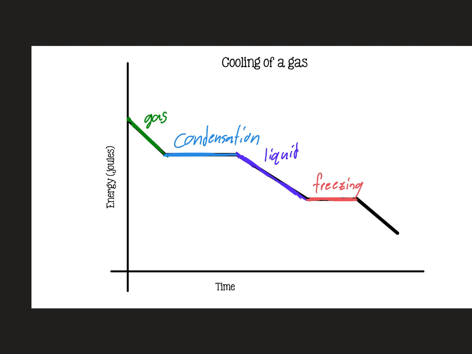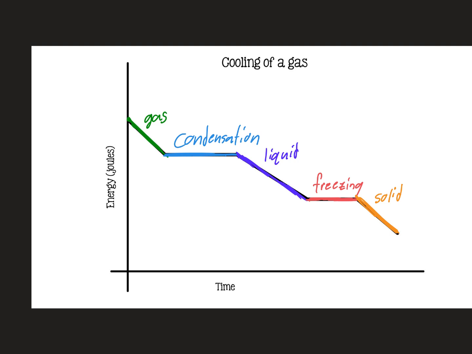Once we have all of our substance frozen or changed into a solid, we can then lower the kinetic energy and temperature of the solid. And that is our heating or cooling curve.